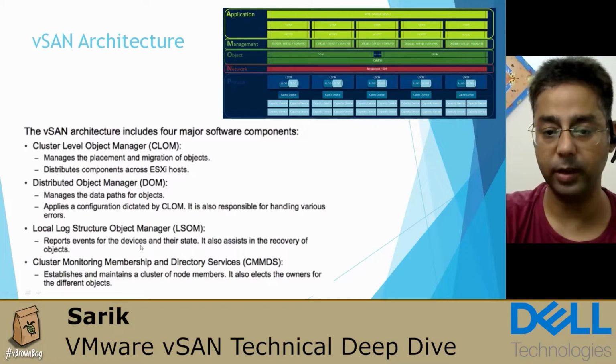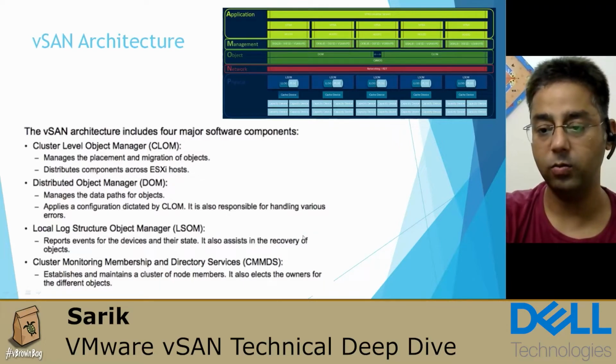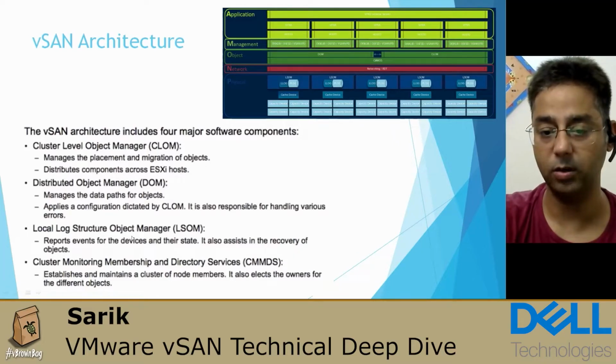LSOM will report the events for the device or disk state if something happens, or if any vSAN object is in a recovery, degraded or failed state, or any kind of issue with the vSAN object or the physical device itself. These are the things it will manage.